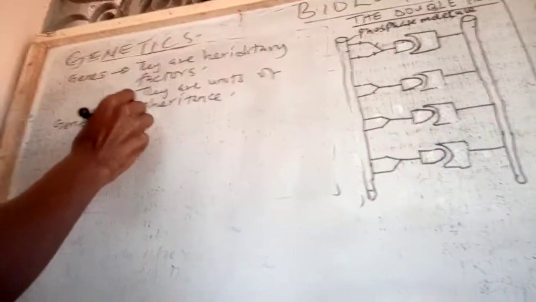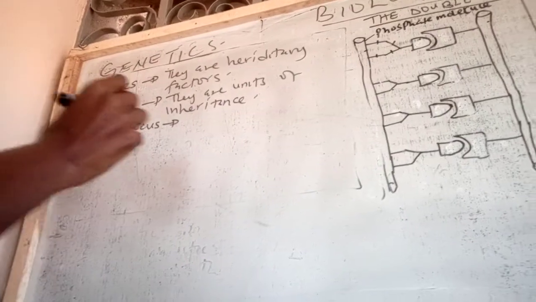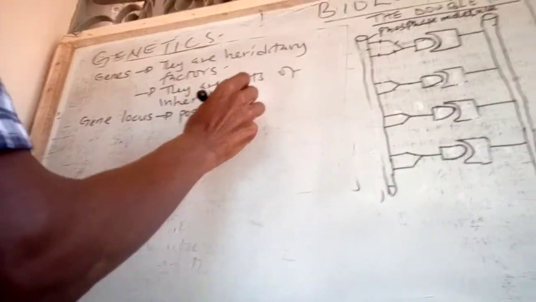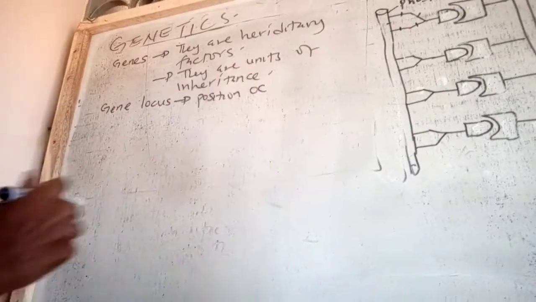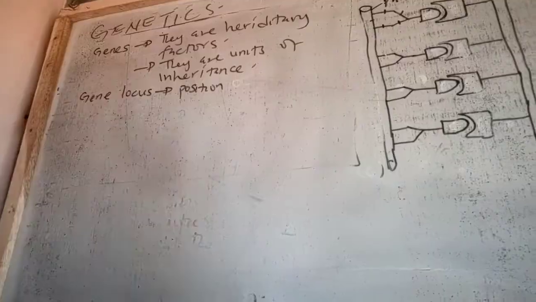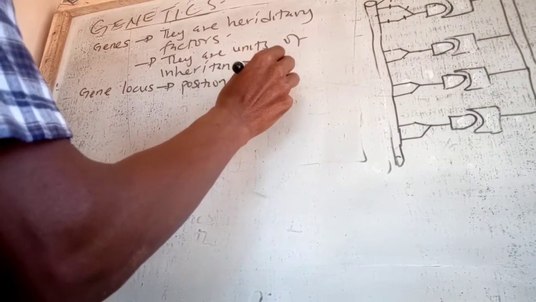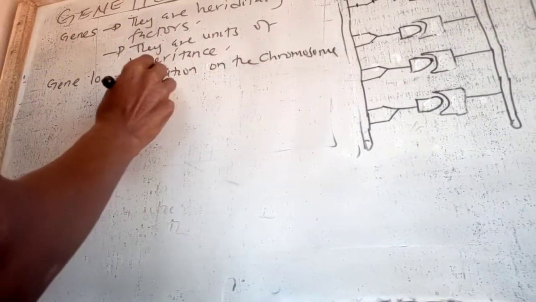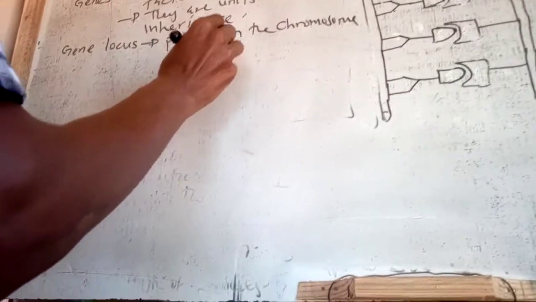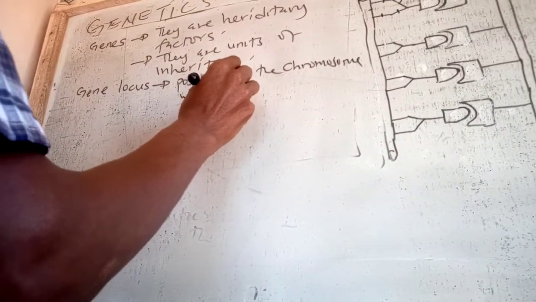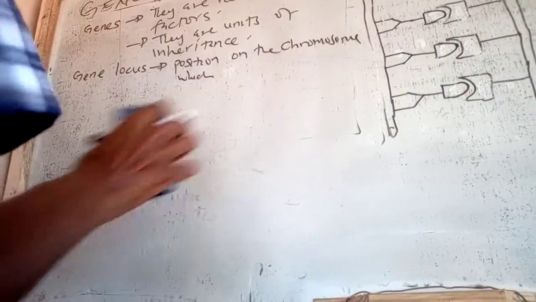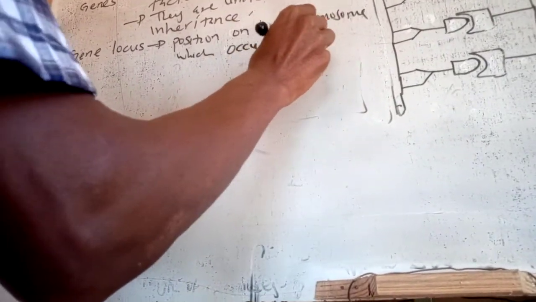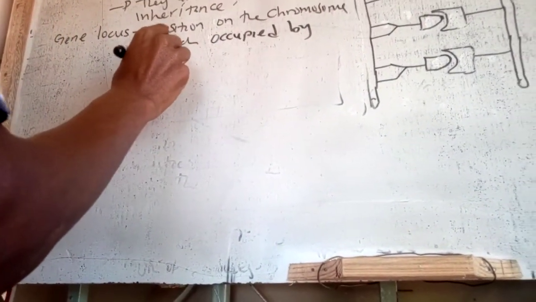And as far as gene locus is concerned, it is the position on the chromosome which is occupied by genes.